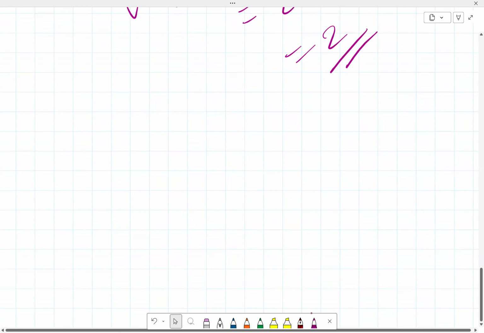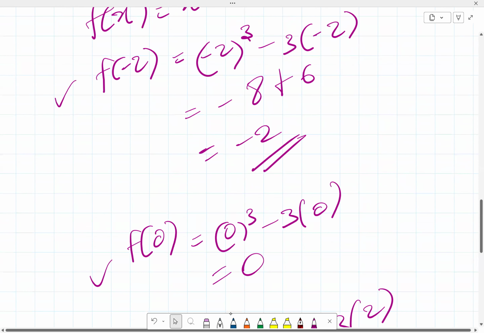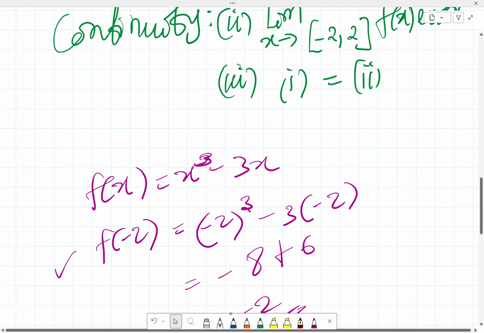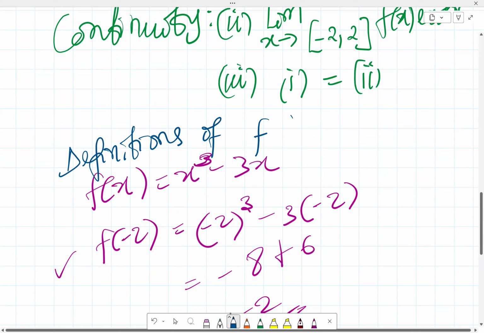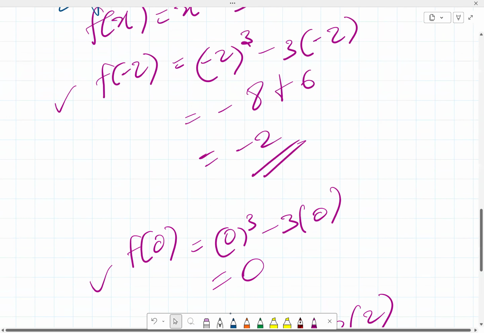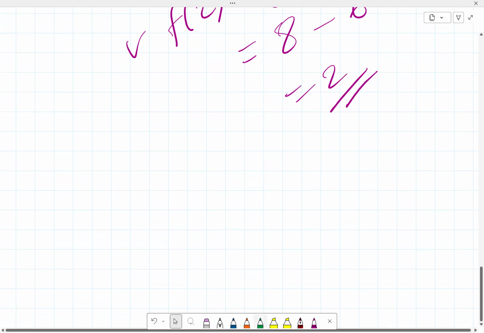Then let's talk about the limits now. These are the definitions of f in the closed interval -2 to 2. All of them are defined, and then we move on to the other part where we talk about limits.